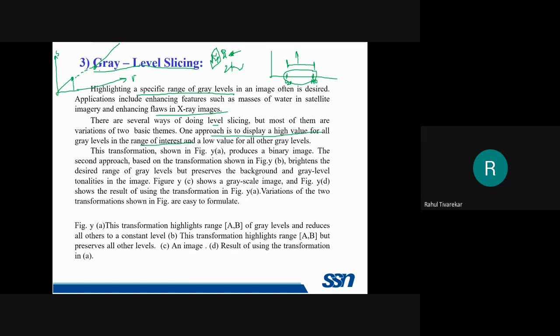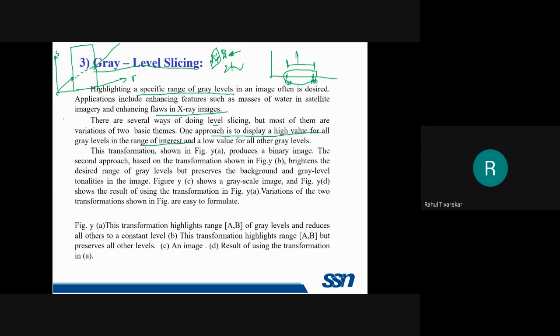In between this range, I want the data to be sliced or enhanced. So what I will do, I will introduce a high boost to all the intensities between this range, and this is one of the choices.